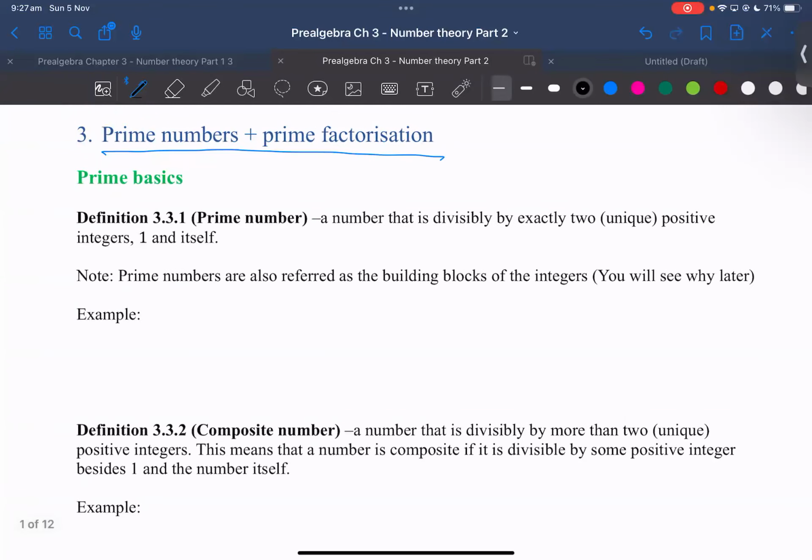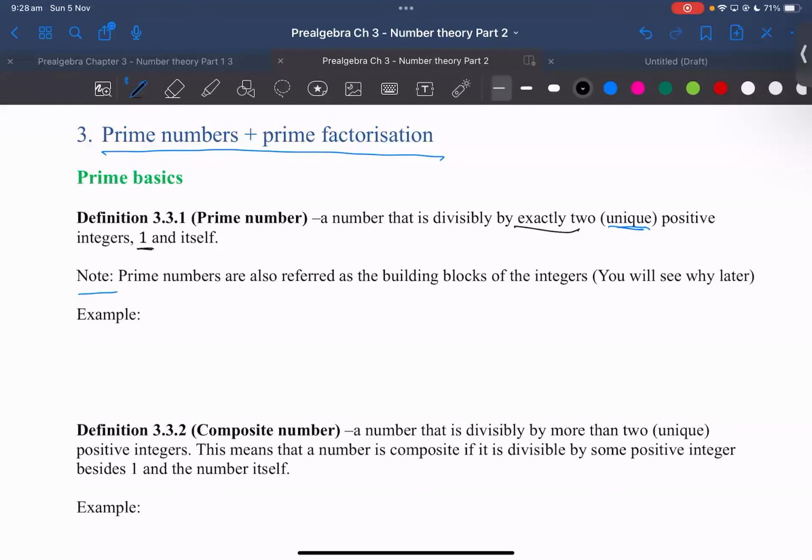A prime number, like Sachin said, is a number that is divisible by exactly 2 unique positive integers, and it's got to be 1 and itself, because 1 is always a factor of any number, so it's going to be divisible by 1 and itself. Cool. Prime numbers are also called the building blocks of integers, and you'll see why later, especially when we get to prime factorization.